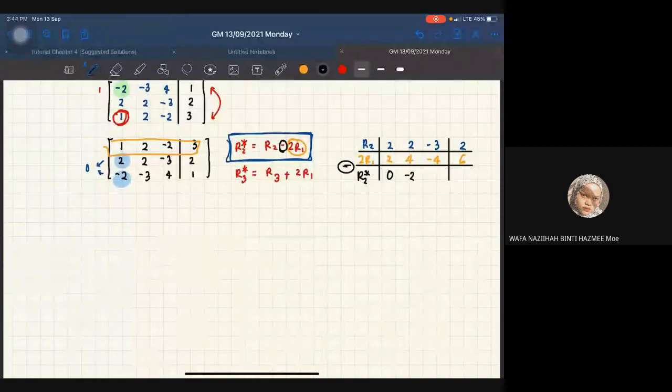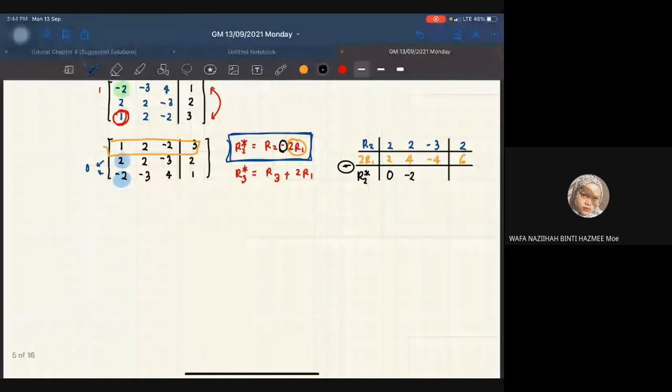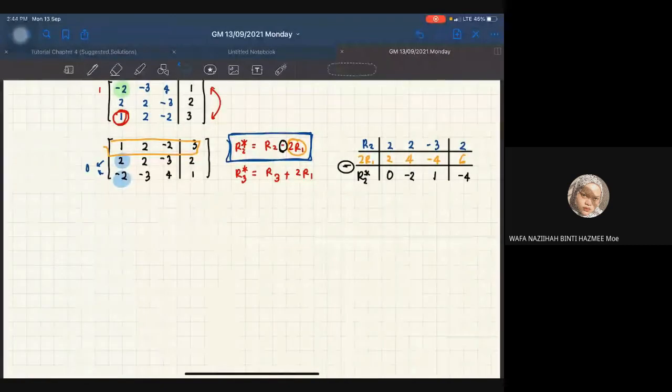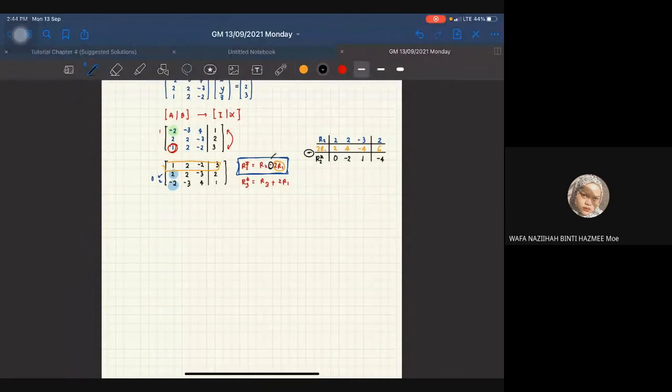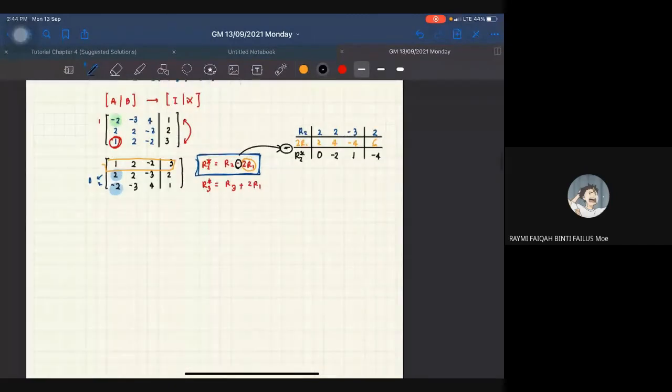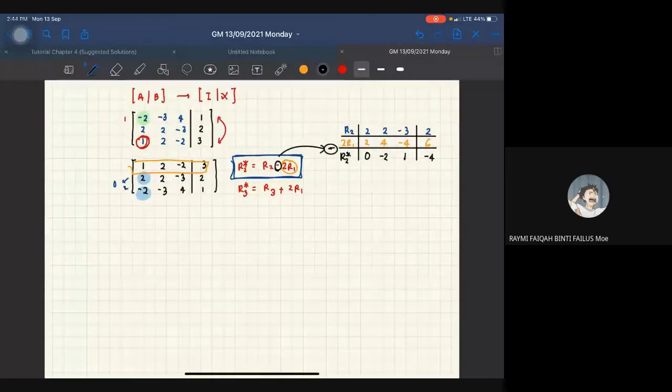Ada soalan tak untuk this one? Miss, ya. Yang tu 3 tu negatif kan sepatutnya. Sekejap ni. Dekat row 1. Row 1. Negatif. Oh, yang bawah. Okay. Ya. This one kan? Okay, thank you. Alright, so you have over here is negative 3.